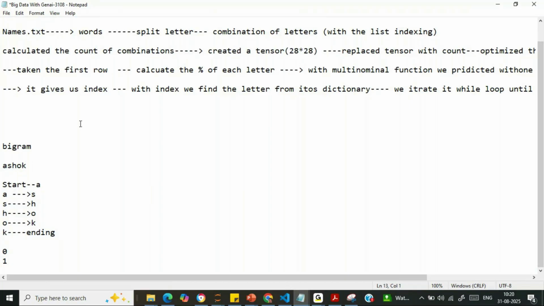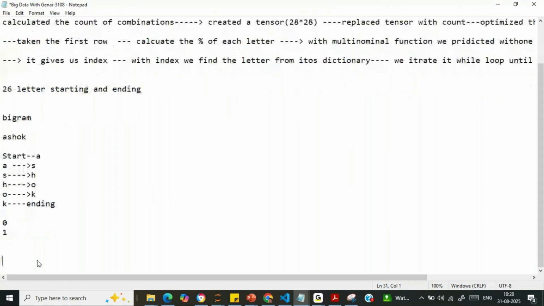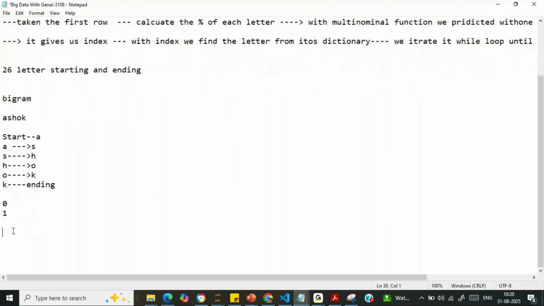Because in the English language we have 26 letters and we have added starting and ending characters. So 26 letters plus starting and ending characters, we have 28 characters in total. So the tensor will be 28 cross 28. Why 28 cross 28? Because it will be looking like this.